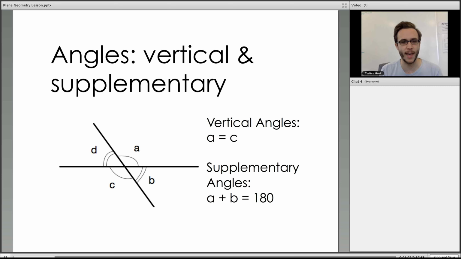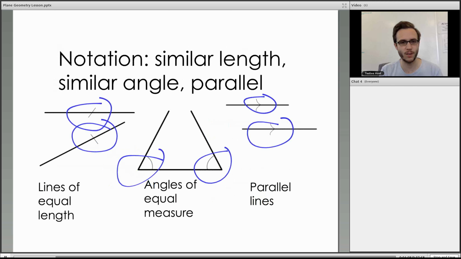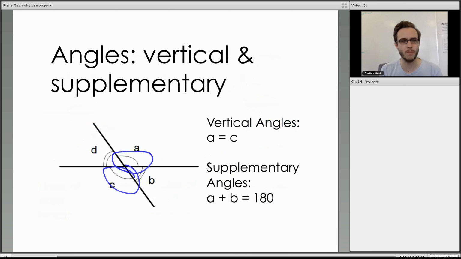So angle A is of equal measure to angle C here. Remember, if we go back, you can see this arc that shows that the angles are equal measure. If we go forward, we can see that A and C both have that arc and that they are equal measure.